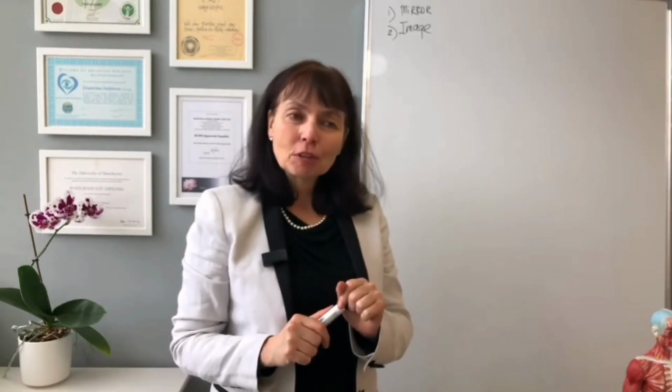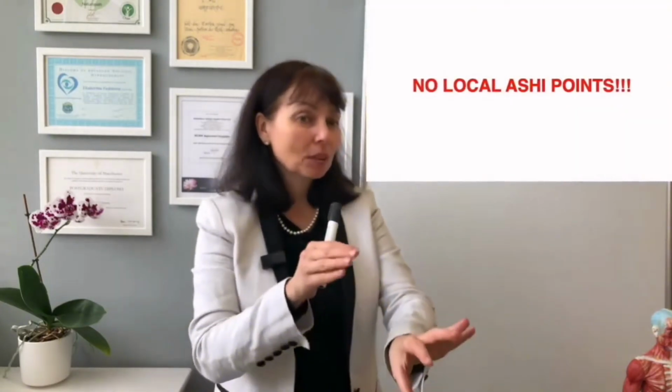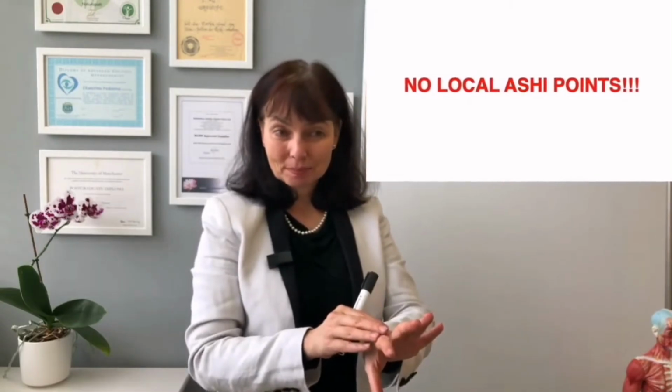And now we'll take a look closely what the image and the mirror is. If we want to treat the right arm, according to balance method, we never place needles into the painful place, right? So we must treat another limb. So what we do? We project the painful limb to another limb.